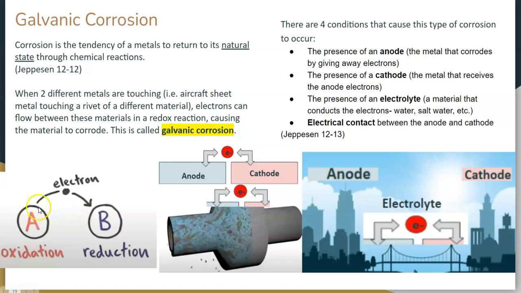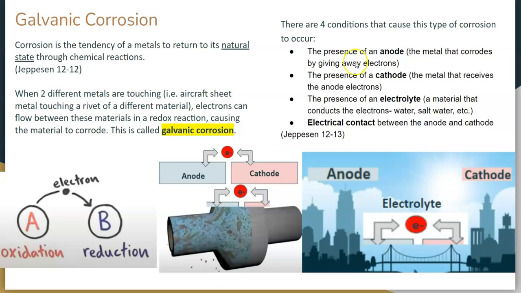And when electrons flow between these materials and cause that redox reaction, the oxidation reduction reaction that we discussed earlier, then whatever material is losing the electrons, which is called the anode, is going to start to corrode. Whereas the cathode, which is what gains the electrons, is not going to corrode, but is going to cause the anode to corrode.